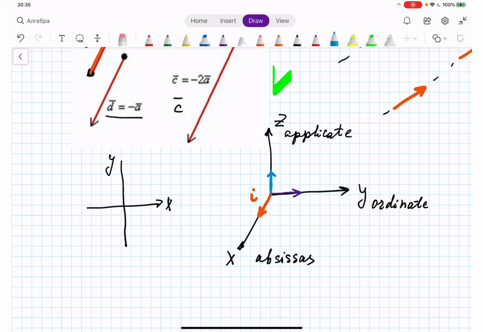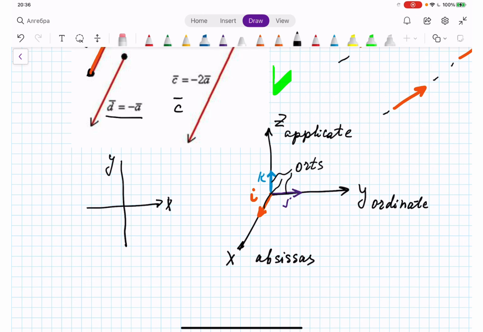The vectors i, j, and k are called orths. Let me write down, this is k, and this is j, and all three, i, j, and k, we call orths.